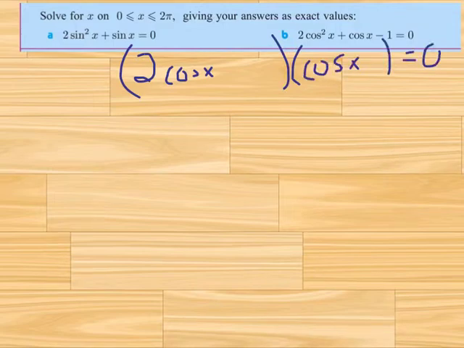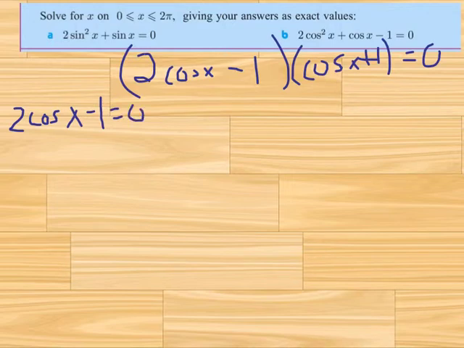We'll have 2 cosine x in one, cosine x in the other, and we need to have these multiply to negative 1 and add to positive 1. And there's our factorization. So 2 cosine x minus 1 equals 0, or cosine x plus 1 equals 0. I'll start with the small one.